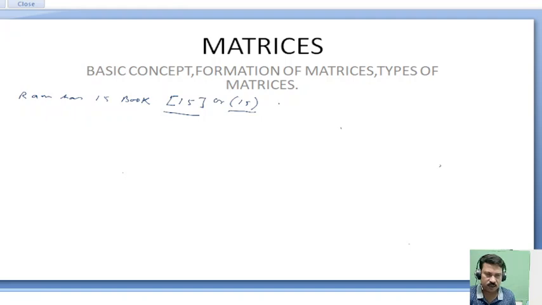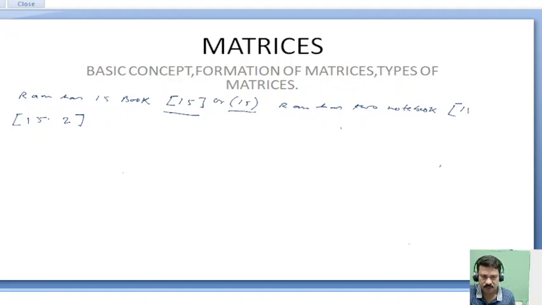Let Ram have two notebooks. We may note 15 books and two notebooks like this: 15 and 2 within this box. This is like a packet.